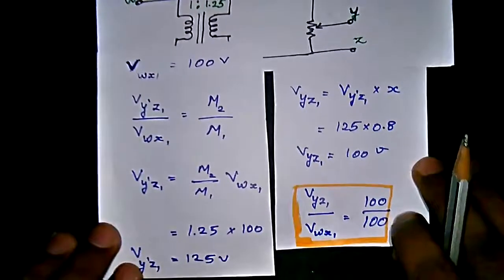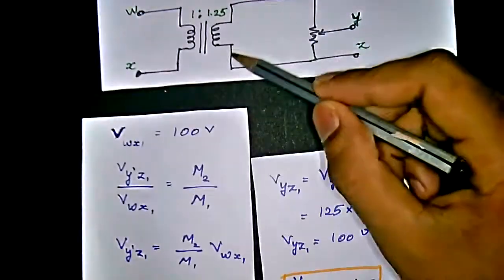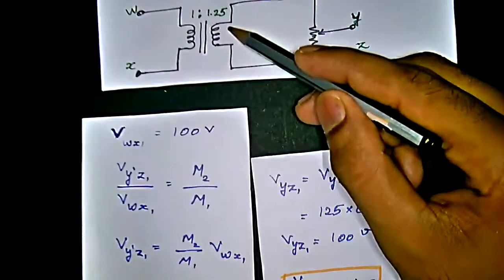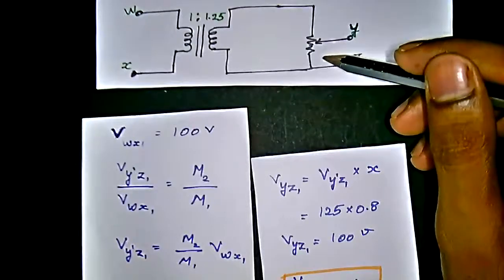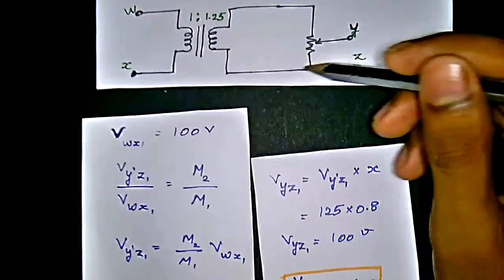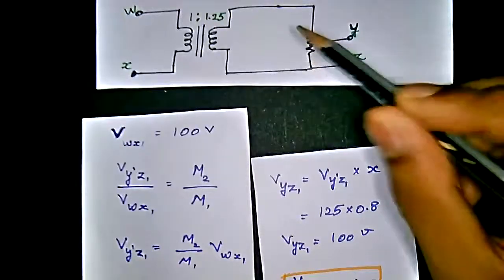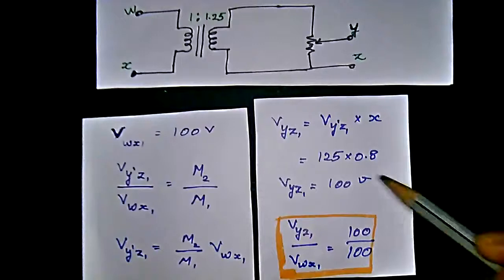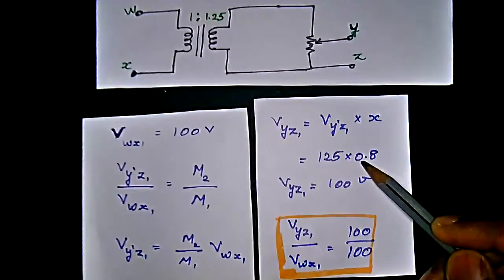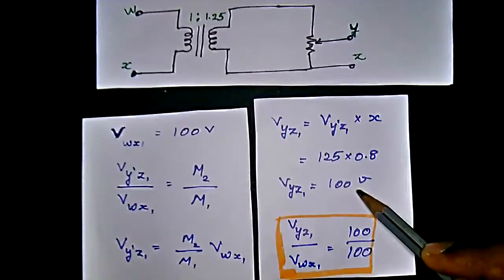To find that, because it is alternating, the voltage gets attenuated from here to here, so we will get some reduction. That attenuation factor is given in the problem as 0.8. So we multiply by the attenuation factor: 125 multiplied by 0.8 gives us 100.